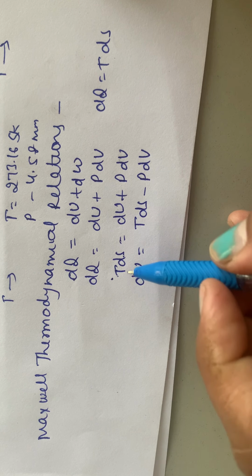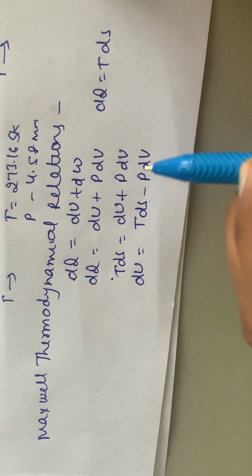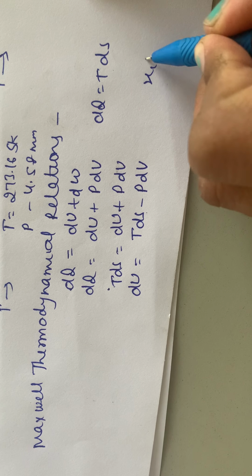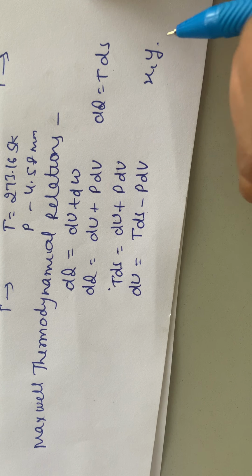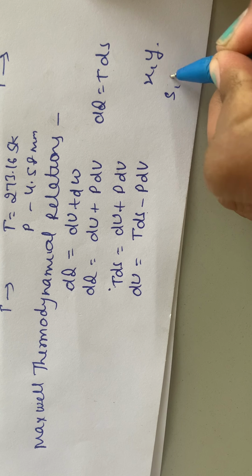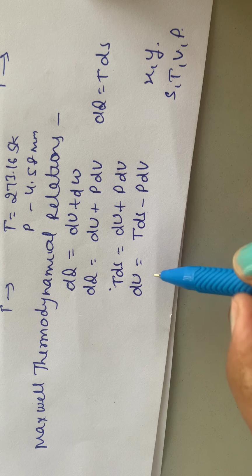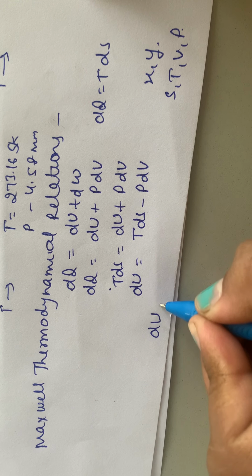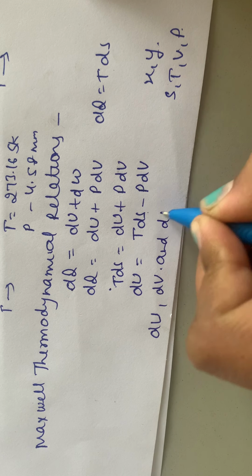If we express U, S, V in terms of two variables X and Y, maybe any two of the variables S, T, V and P, we can write the values of dU, dV and dS.